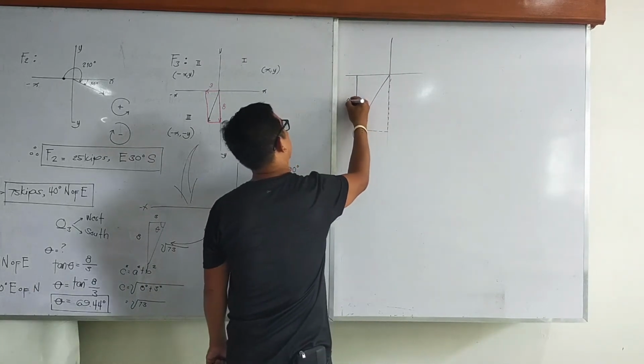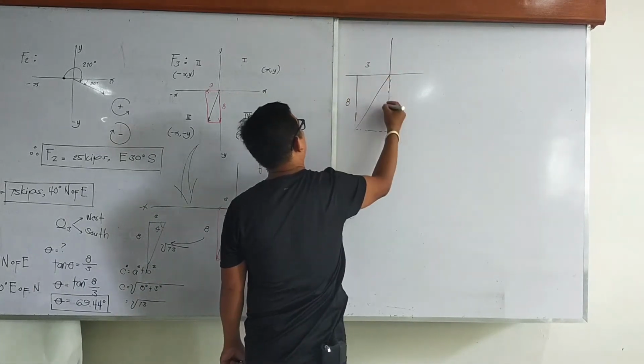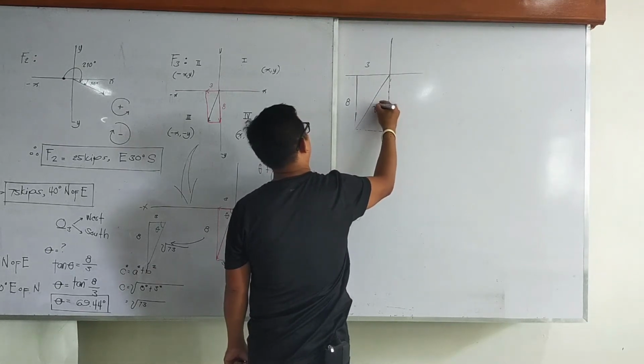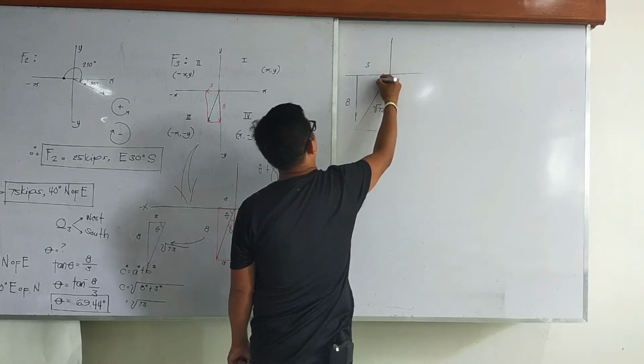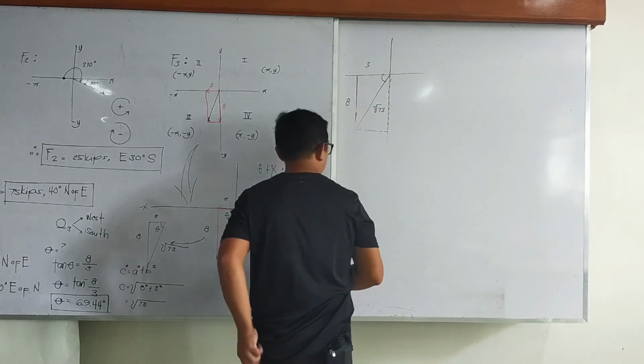Knowing that this is 8, this is 3, this is root of 73, this is your angle theta.